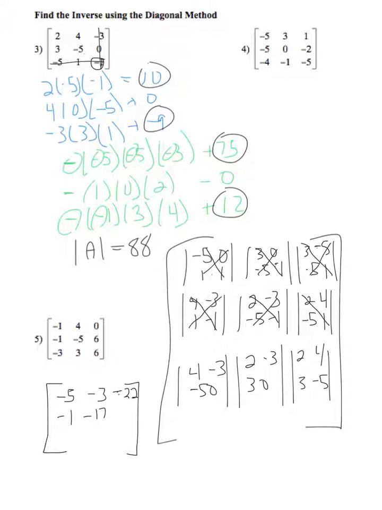Here's 2 minus negative 20, so 2 plus 20. Okay, here's 0 minus 15. Here's 0 minus negative 9. And here's negative 10 minus 12.